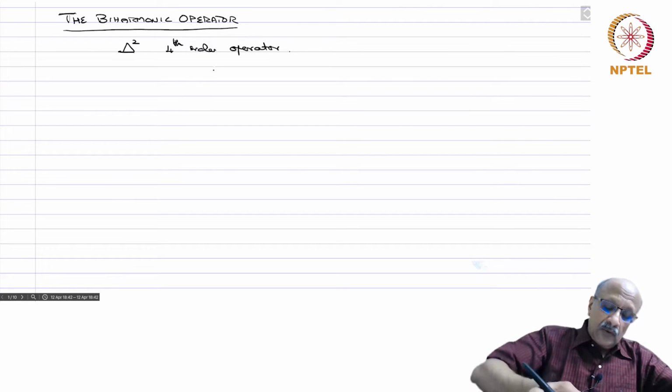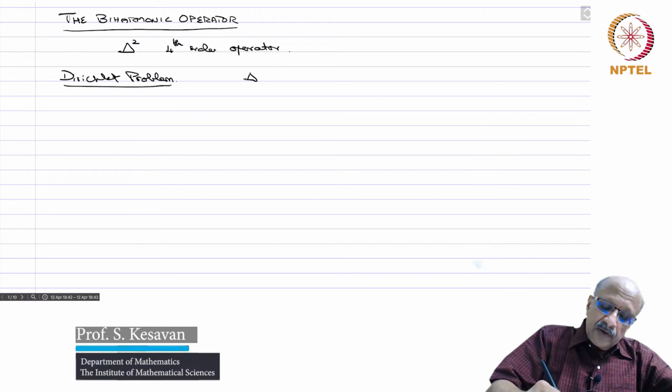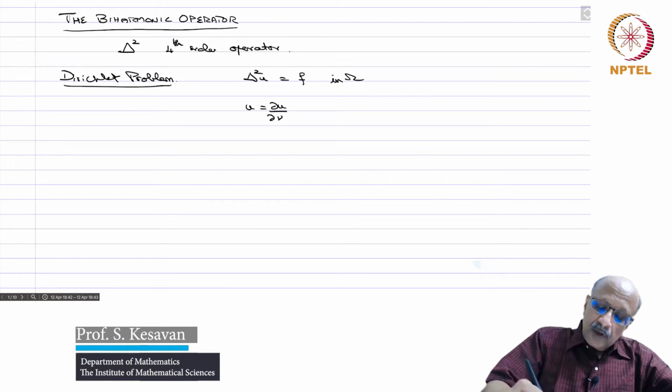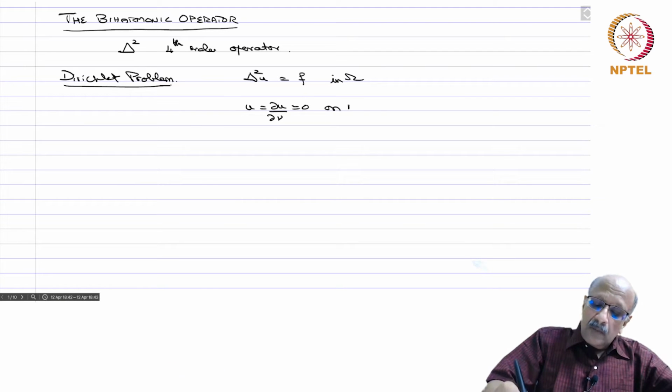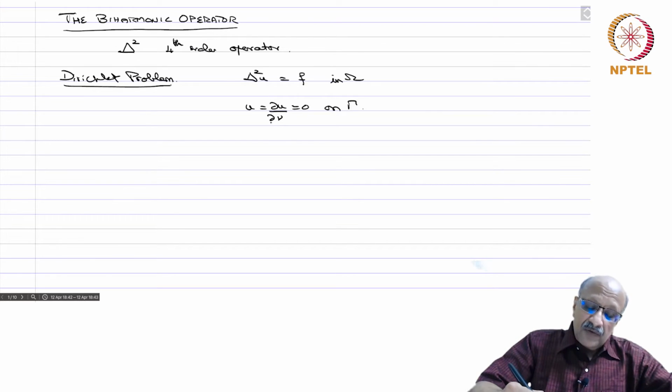So we are going to look at the Dirichlet problem. You have Laplacian squared u equals f in omega, and u equals du by d nu equals 0 on gamma. Here du by d nu comes in the Dirichlet problem itself, because for the fourth order operator you need two boundary conditions.